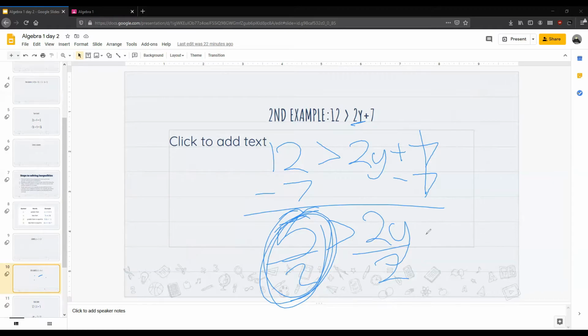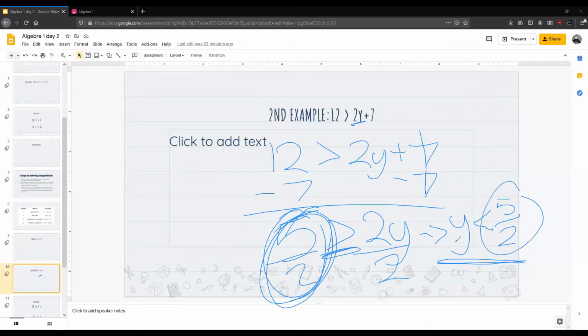But we need to get our variable to the other side, so we would change this to y, and change the symbol to point that way, and this would be your final answer, because y is less than 5/2.